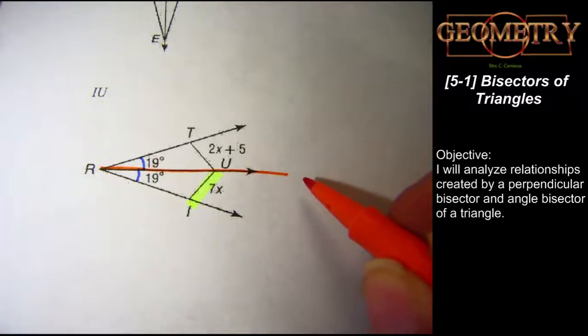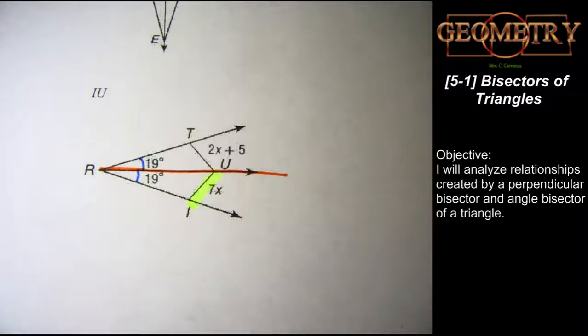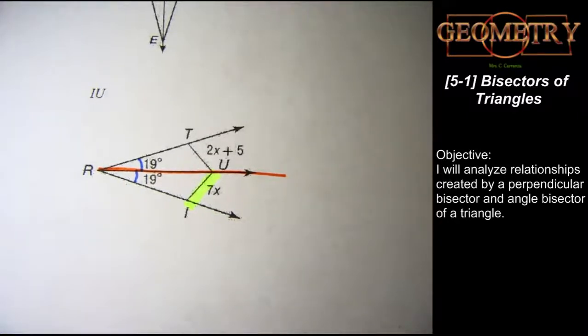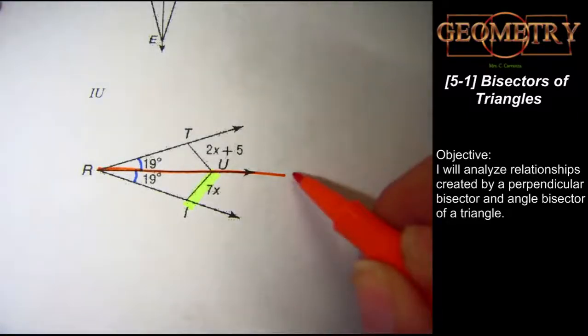It's definitely in the interior of the angle. You're not wrong. I liked where you were going with bisector, but not perpendicular because it's not 90. So it's just a bisecting segment. What's getting cut in half? A segment or an angle? An angle's getting bisected, so it's an angle bisector.